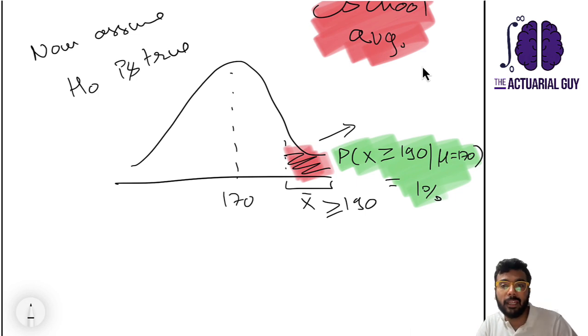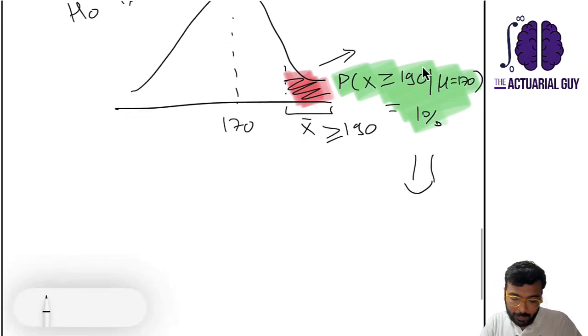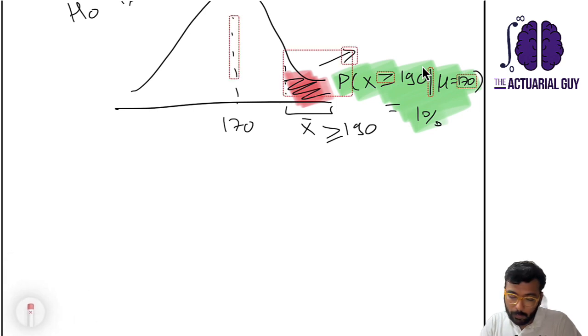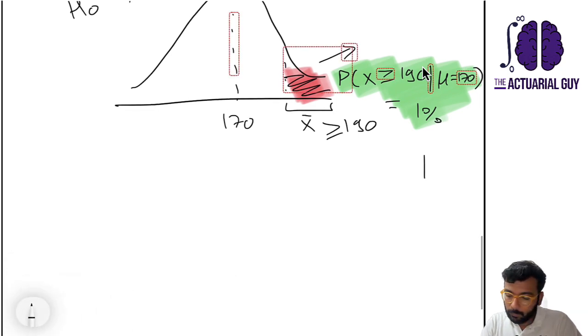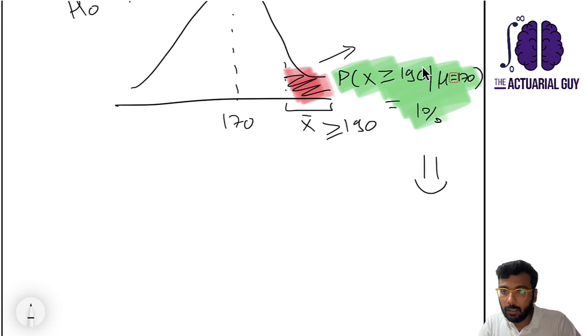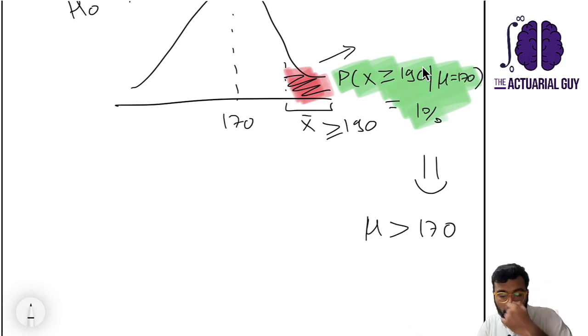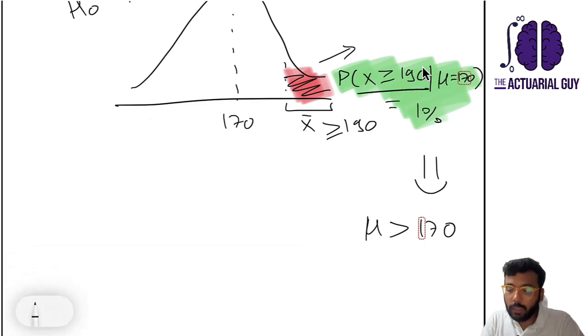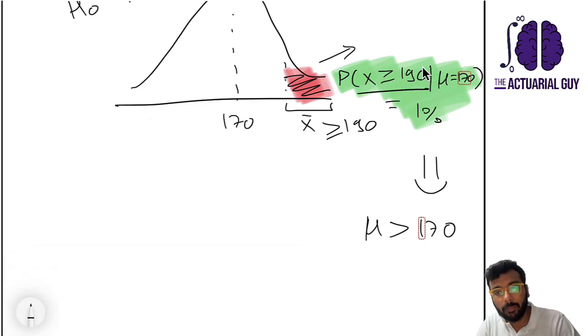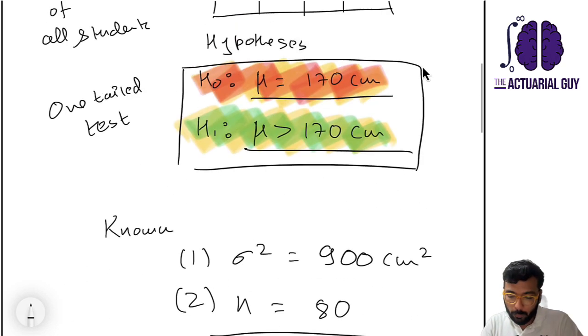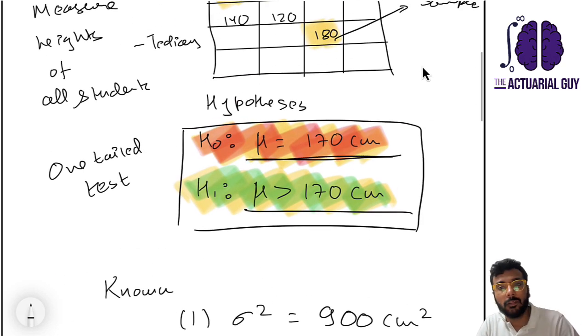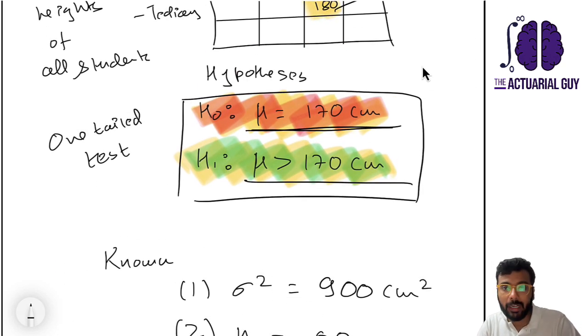So it's very unlikely. So based on this, what you would end up saying is that mu is greater than 170, because you have gotten an average height of 190. That is the reality, but you don't really know if the null hypothesis is true. So that is what you are checking.